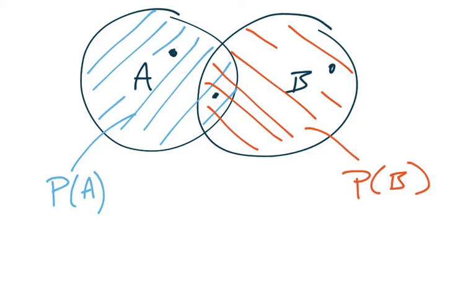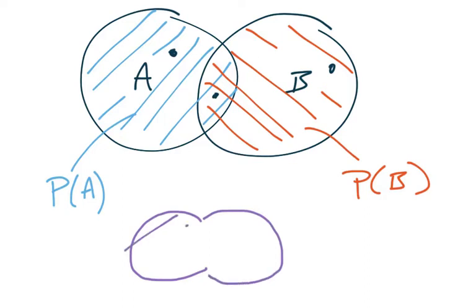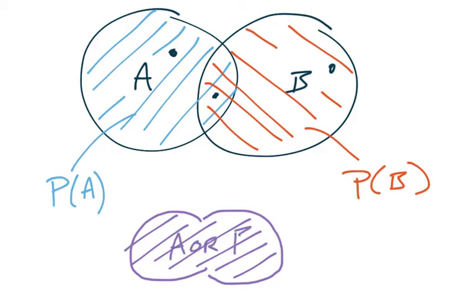So if I'm trying to visualize the area of what accounts for A or B, it would be the following. So let me try to recreate this as best as I can. So this here would be A or B. It's just the area of melting these two circles together and looking at the total area.